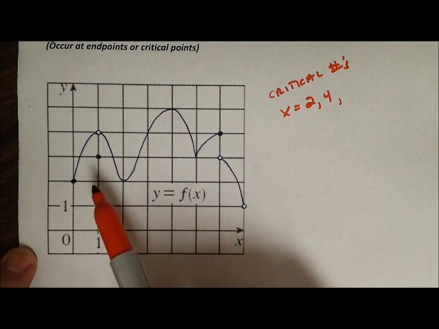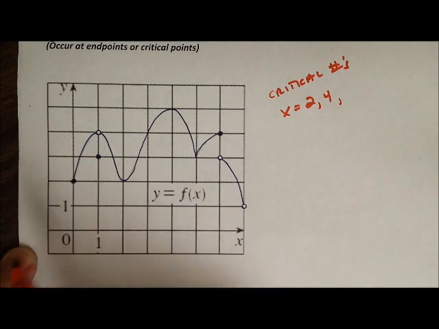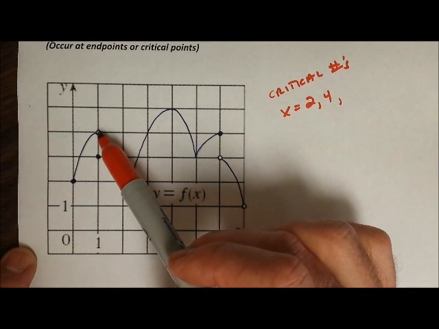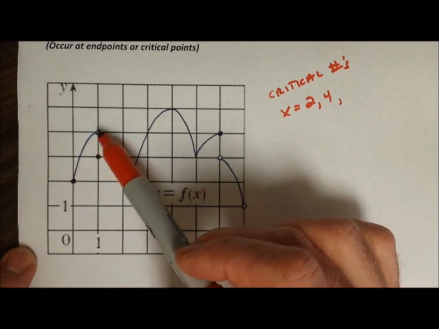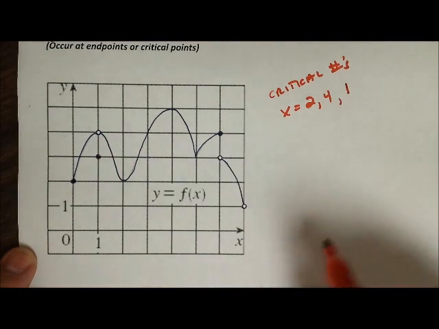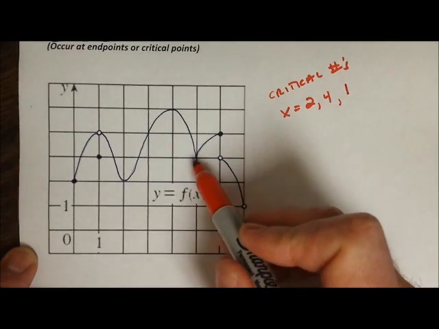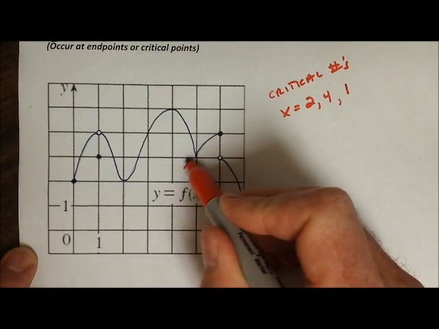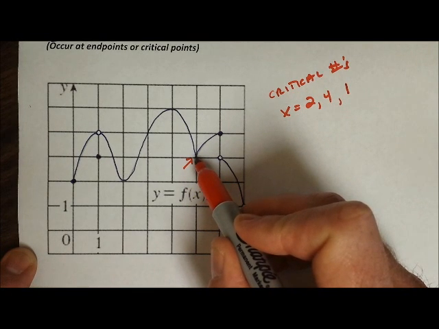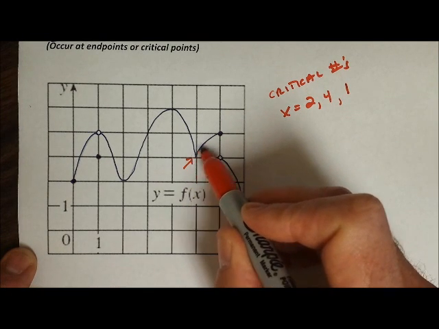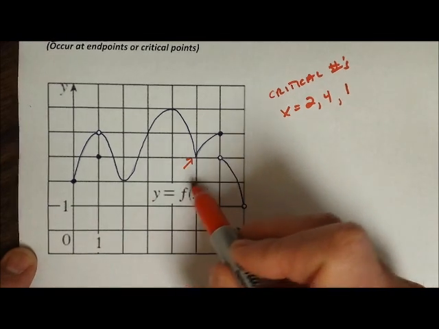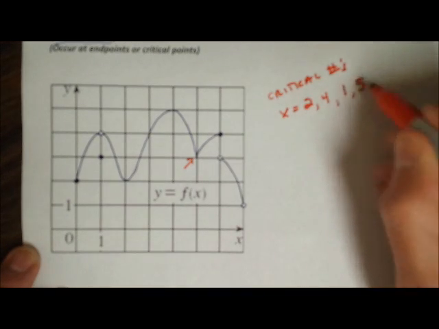Next, where the first derivative does not exist. Here is a discontinuous point. The derivative does not exist at discontinuities. So that's when x is 1. Here, even though it's continuous, that is a point of non-differentiability. We can't figure out the slope right there. Is it negative or is it positive? It's neither. So that's when x is 5.